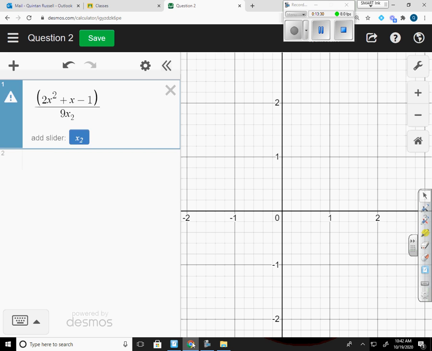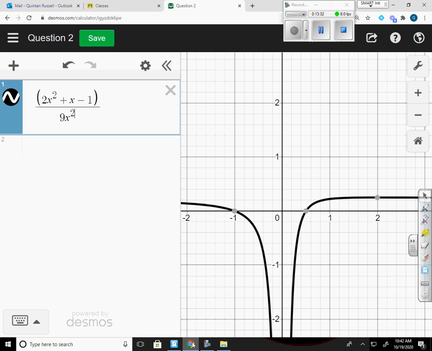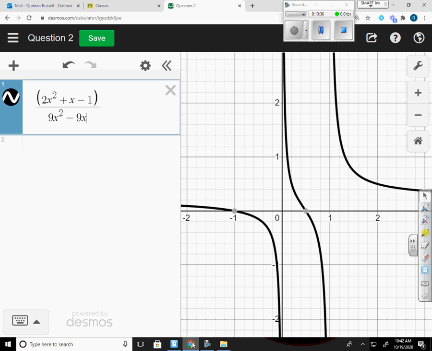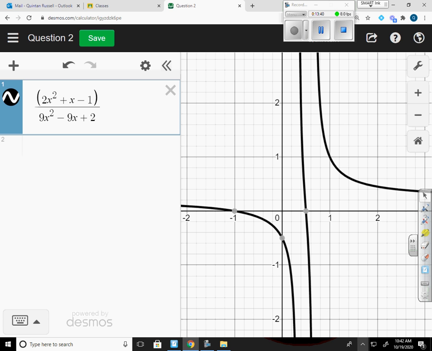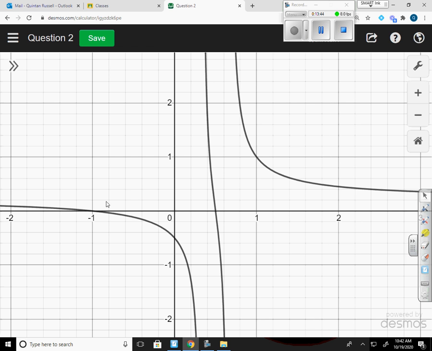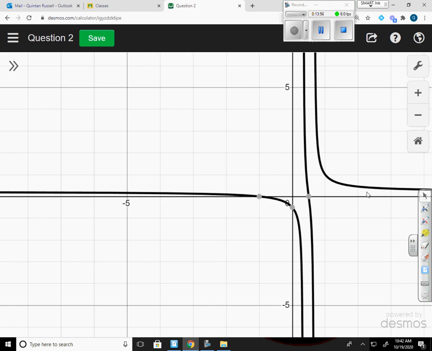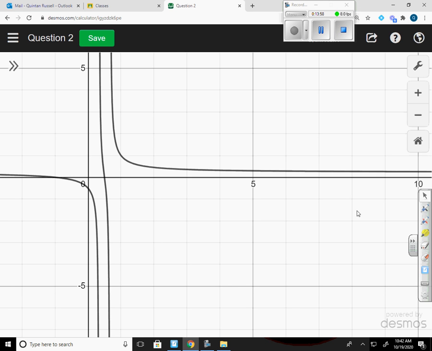x squared minus 9x plus 2. All right, now when I look at this one, I can see that I have a 0 back here somewhere at negative 1. I have a 0 at 0.5, and I see that this one is going down, but it's never going to actually touch 0.